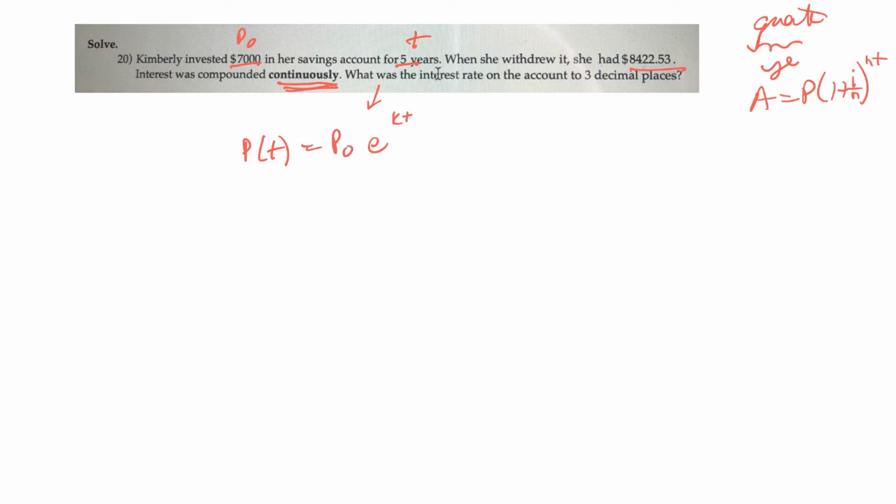So I end up with 8422.53, starting with 7,000, e, k, interest rate. Oh, I don't know the interest rate. K, and it's for 5 years, so it'll be a 5 there. All right, same as all the other questions that we've done here 2 or 3 times already. Divide both sides by 7,000.